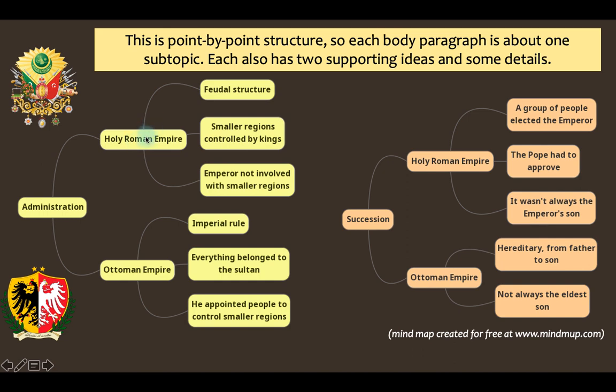And you can see that the supporting ideas here and the supporting ideas here are the same. And you can see that the details for each one are slightly different. That's because this is a contrast essay. We're trying to show how these things are different from each other.